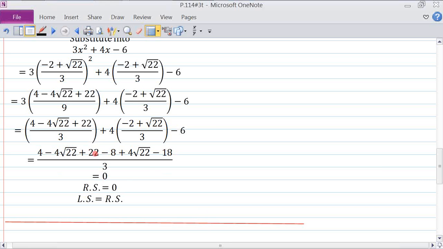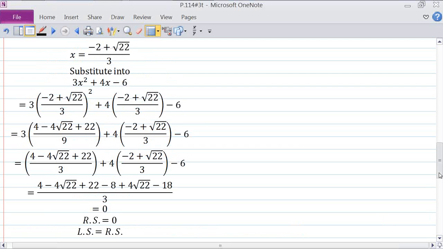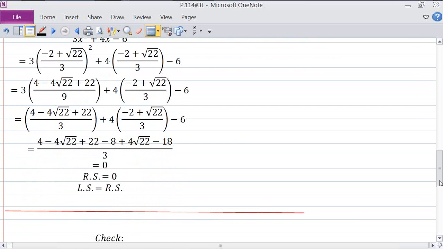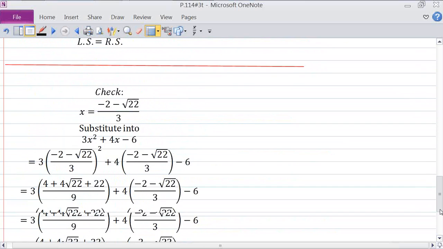So the first thing I do is handle the numbers separately. 4, 22 plus 22 minus 8 minus 18 sum to 0, and the minus 4 root 22 and the plus 4 root 22 sum to 0. 0 on the numerator, 0 over 3 is 0. So we now know that the right side is 0, and the left side equals the right side.